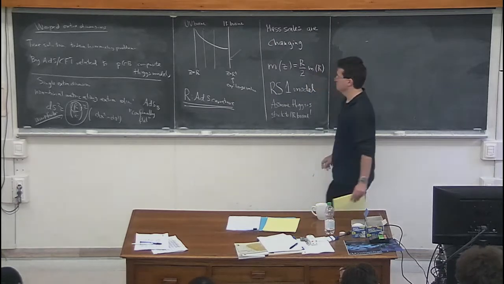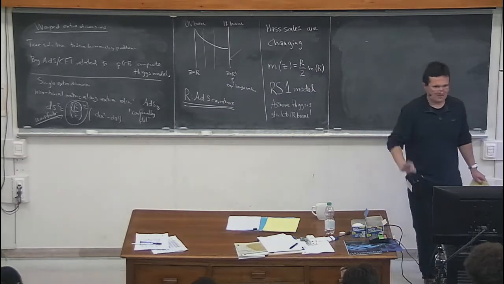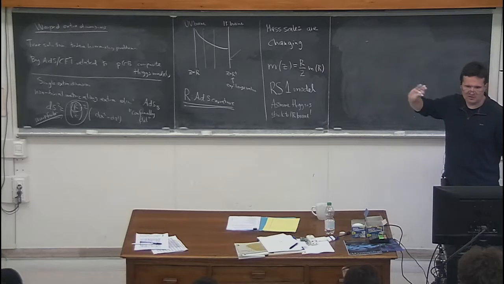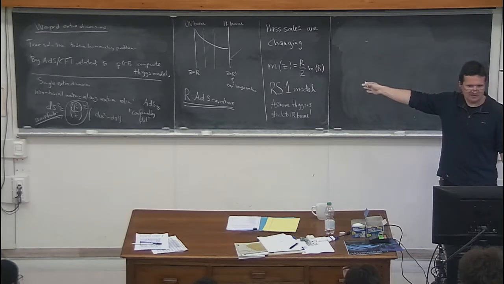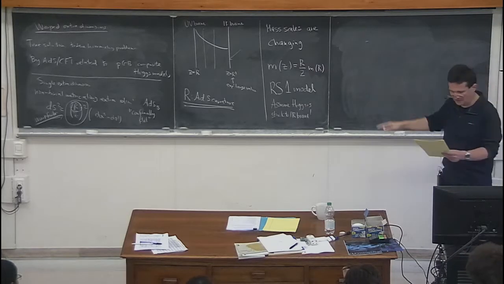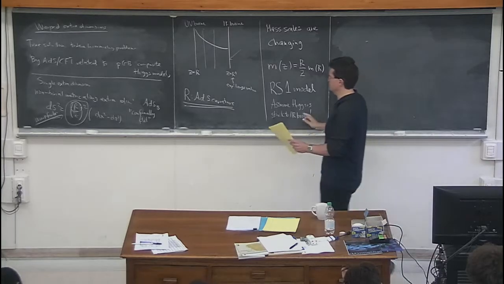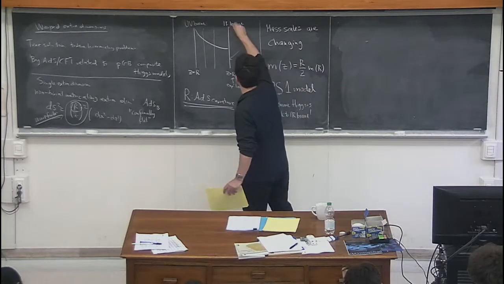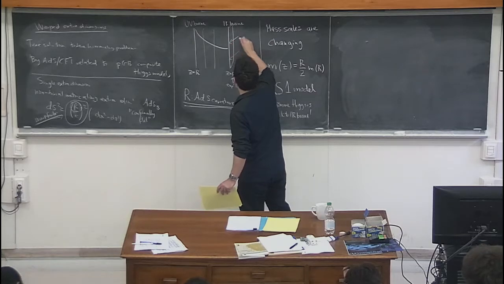And for simplicity for now, let's assume that the entire standard model is stuck to the IR brane. But what matters just is the story about the Higgs. So you have these two branes, and the standard model, or the Higgs, is stuck here.